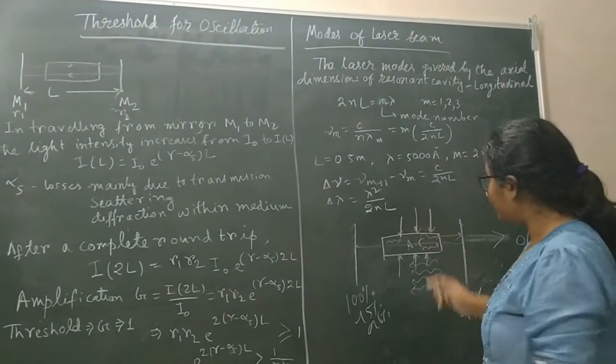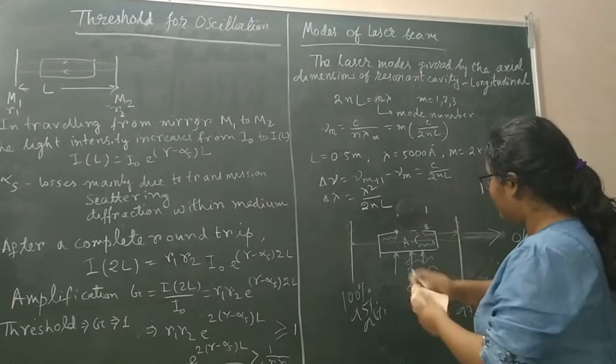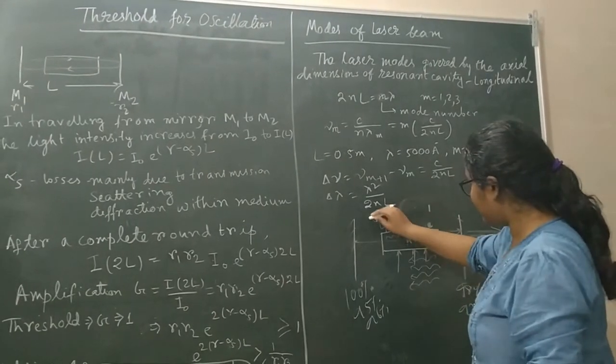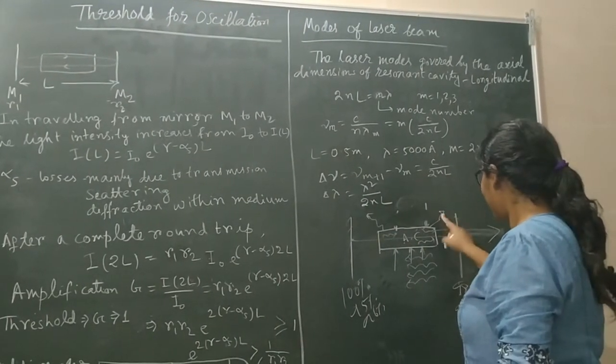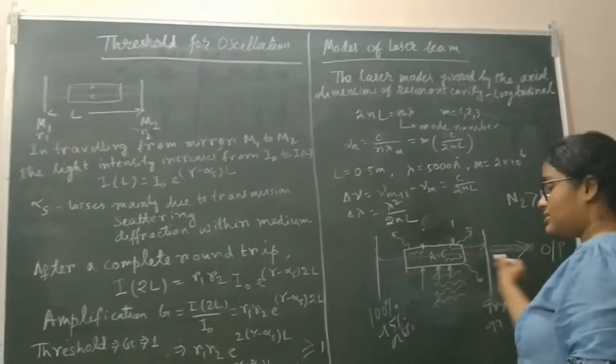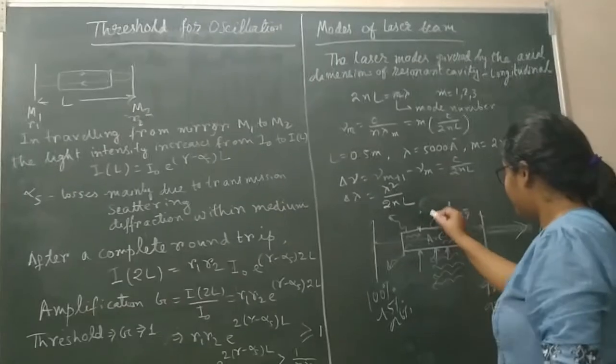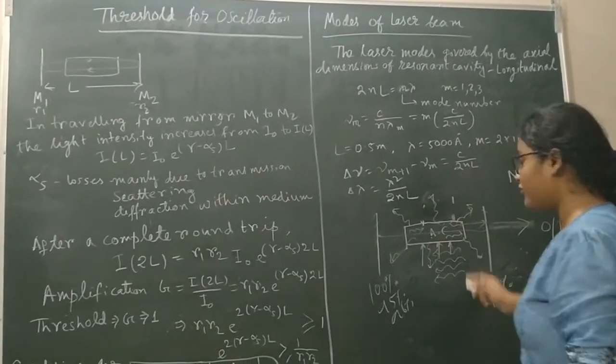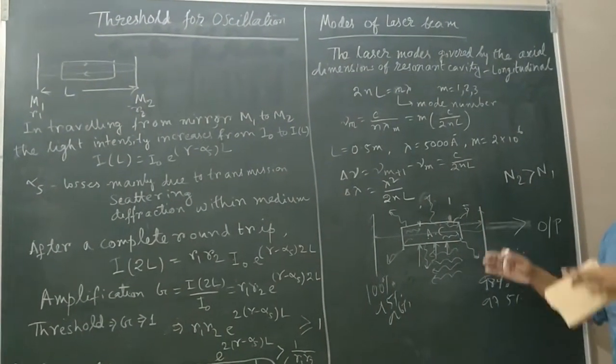Also, due to spontaneous emission there is scattering of the photons. It is not that the photons are only unidirectional; photons are emitted in every direction from the active medium.